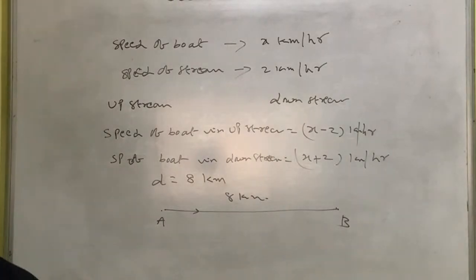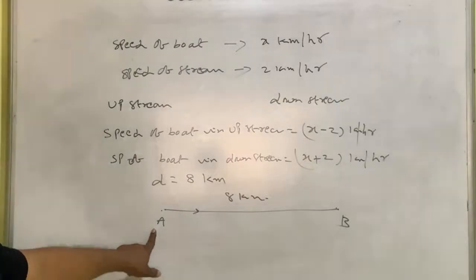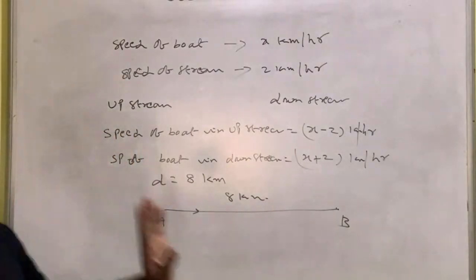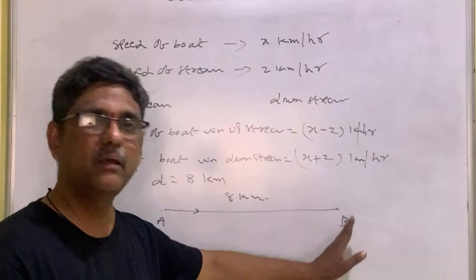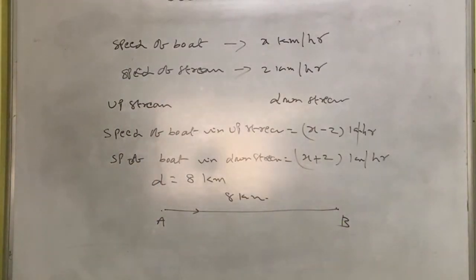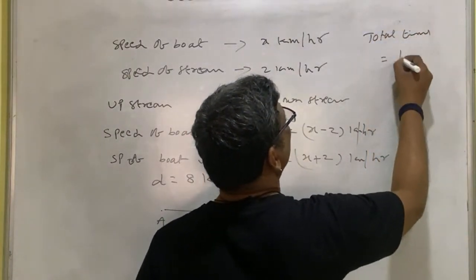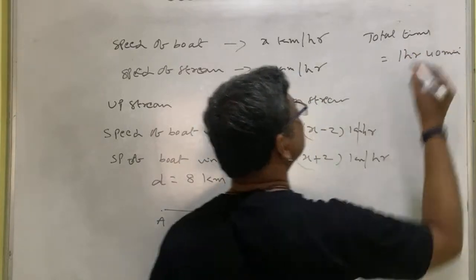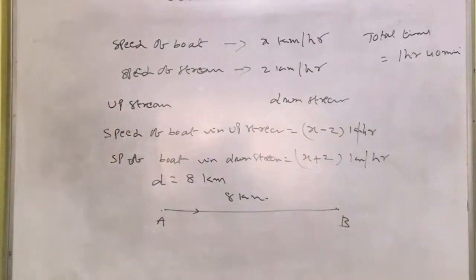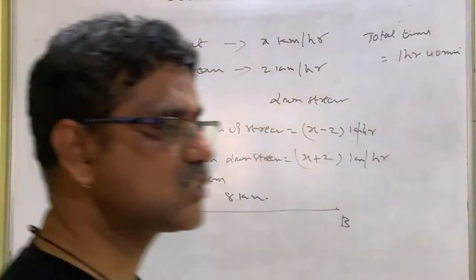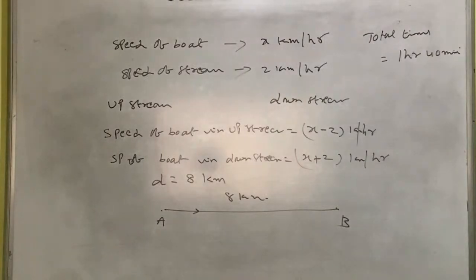So one fellow started from A, went to B, and again from B came back to A. Total time taken, upstream and downstream together, is 1 hour 40 minutes.